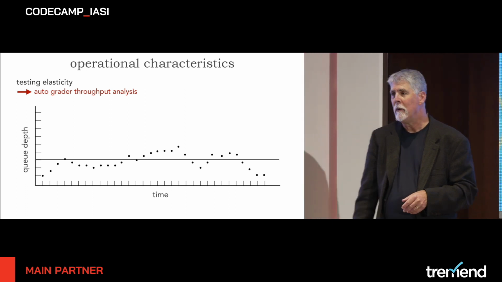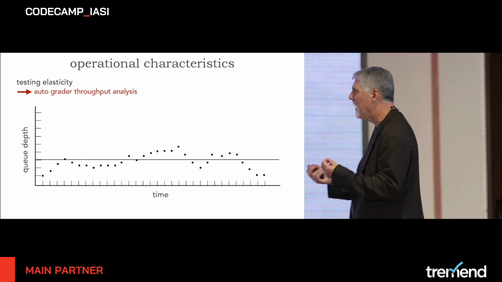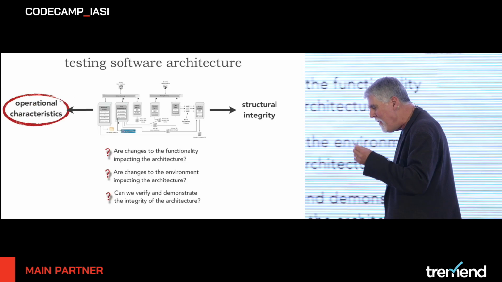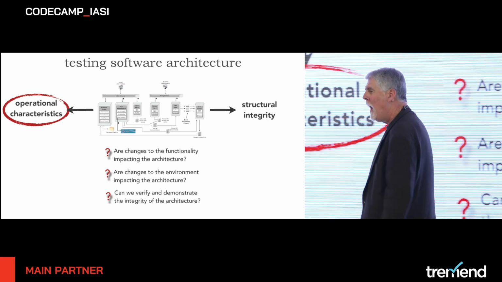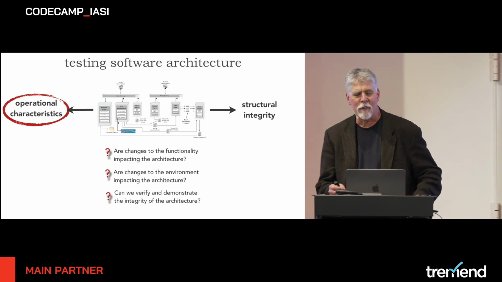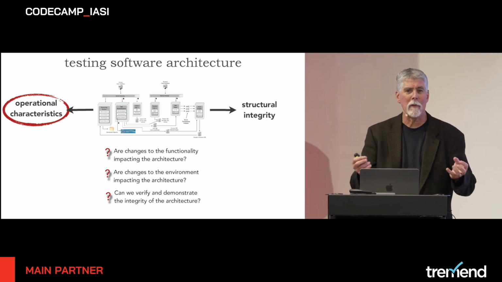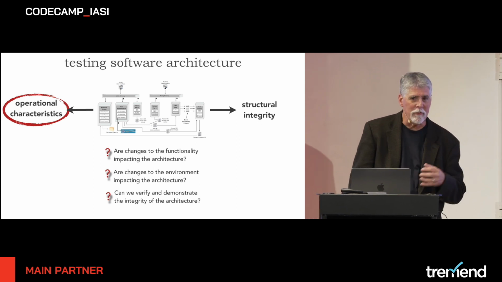It's not keeping up. Yeah. And that's tuning to the auto grader. So these are all the operational characteristics. These are what fitness functions are. There's so many companies that are using these fitness functions, and we keep saying, these are great, but how do I write them? What are they actually? Well, we've just seen them.